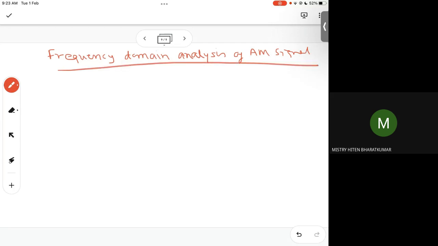Now, if you recall, we know the AM signal is given as VAM(t). We could write this very clearly as Vc(1 + ...) sin 2πfmt sin 2πfct.